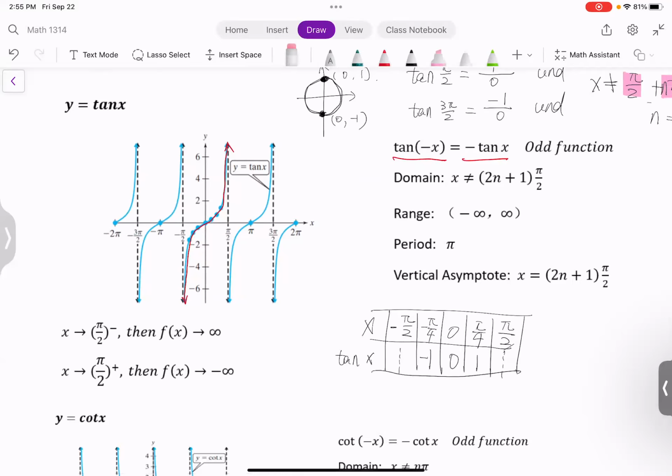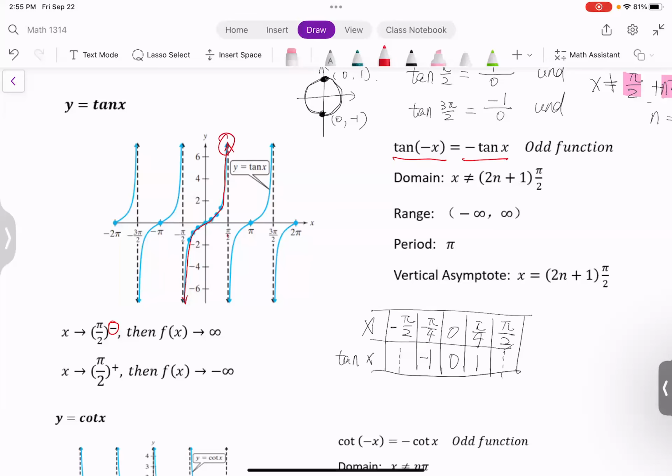All right, let's see. If x approaches pi over 2 from the left side, look at the symbol that represents approaches, on the left of pi over 2, it's here.